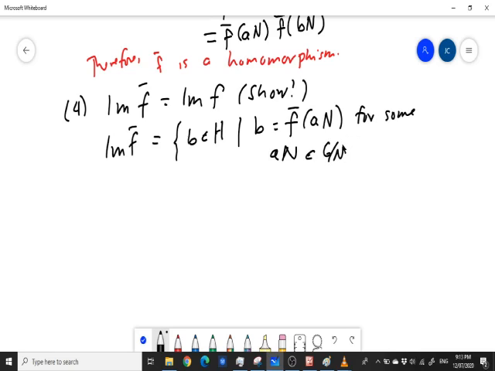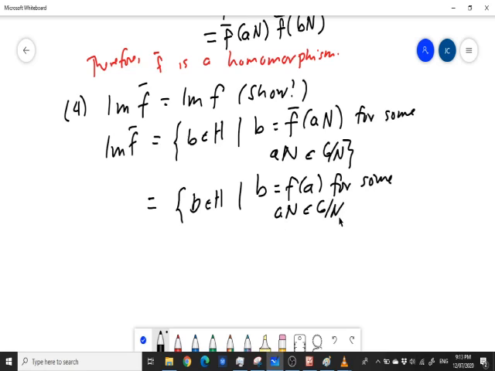Right? That's the definition of the image of f bar. So by definition of f bar, a n, this is p in H such that p equals f of a, right? For some a n.